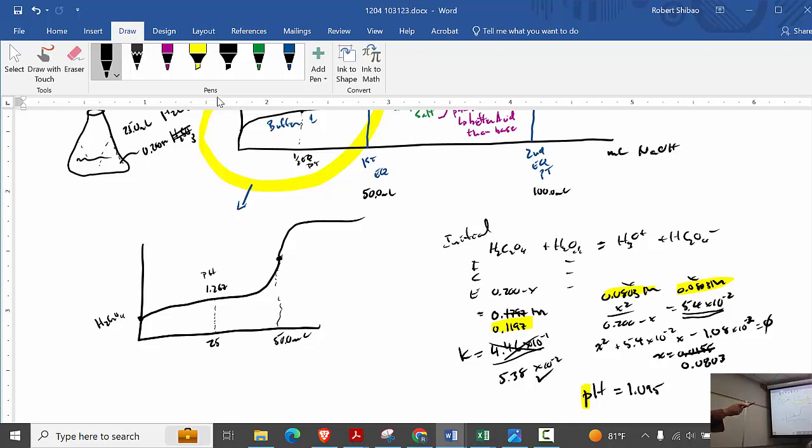Oxalic acid is borderline strong, even though its K is only 10 to the minus 2, so you're thinking it's got a small K. But if it were a strong acid, its pH would be around 1 regardless. And so the initial pH here is 1.095 or 1.10. We'll just go with 1.10 pH. And then it climbs up to 1.27 here at the halfway point.